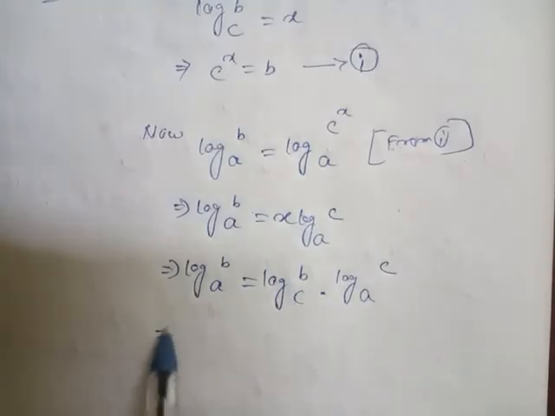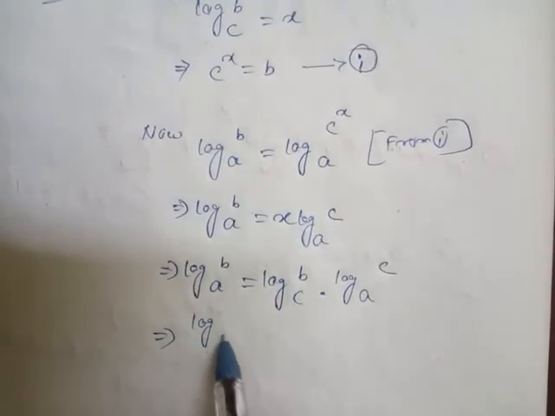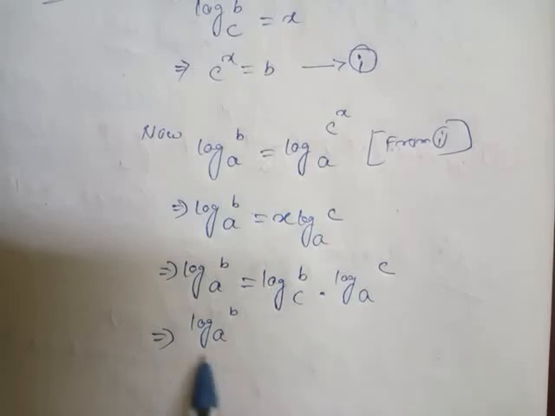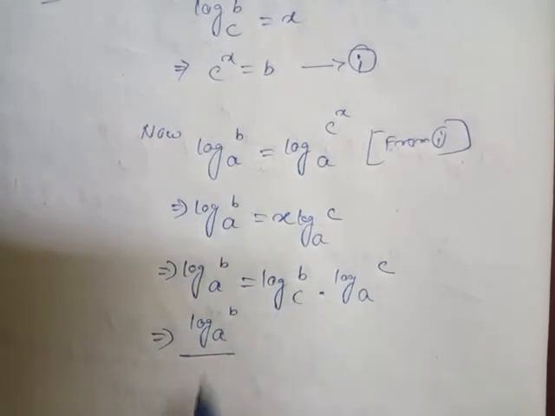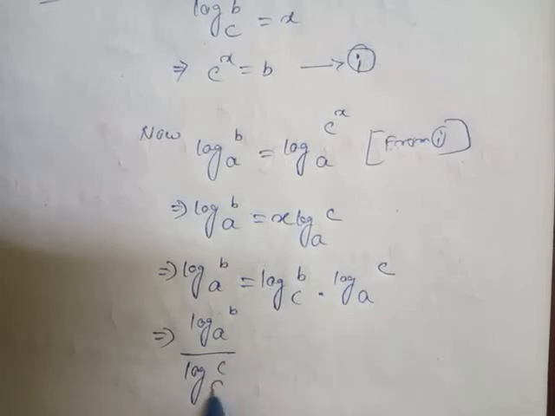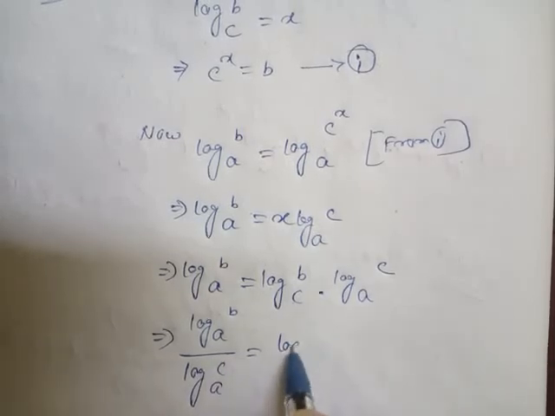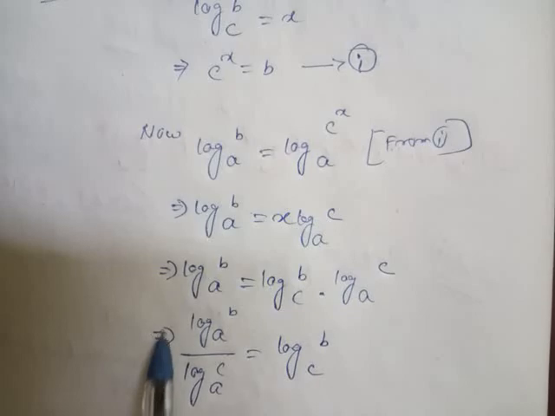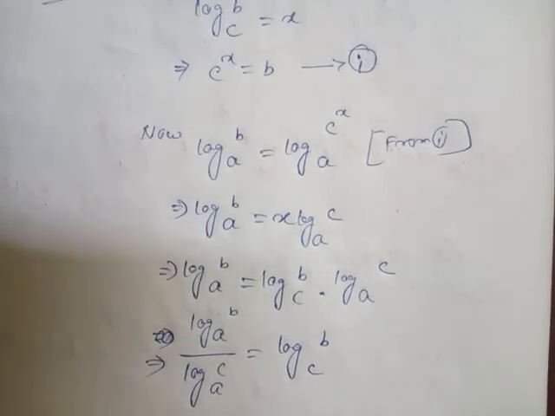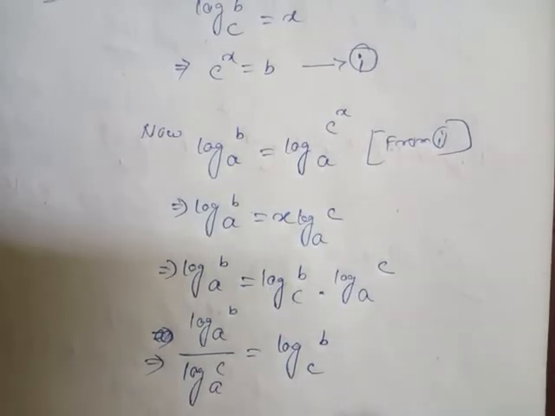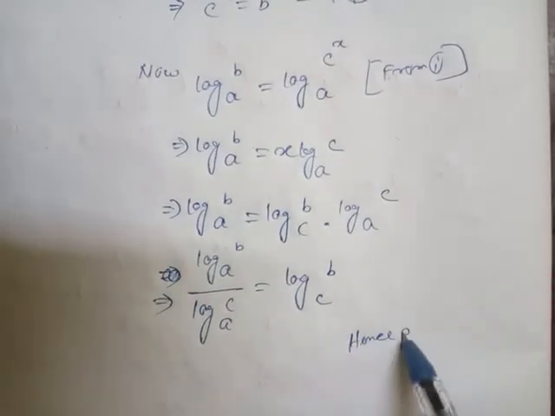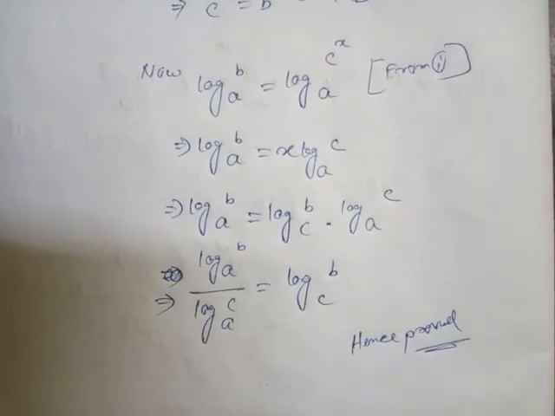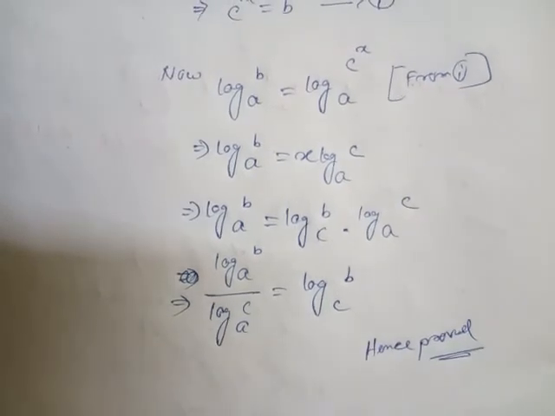In the last line we'll go for the division: log b base a by log c base a, since these two are multiplied, it will go on division, equals log b base c. This is the answer of our question, and we'll write here hence proved. So this is question number 4.